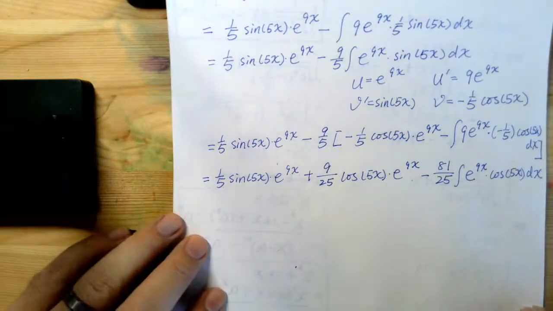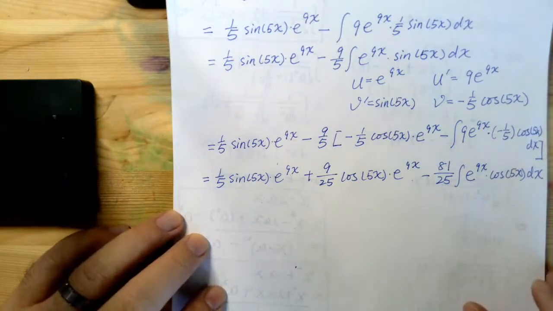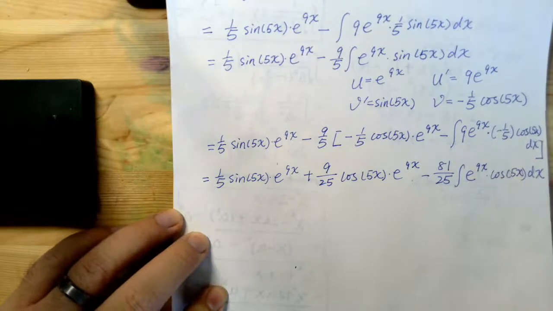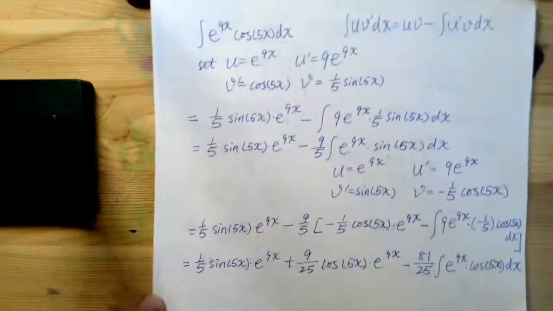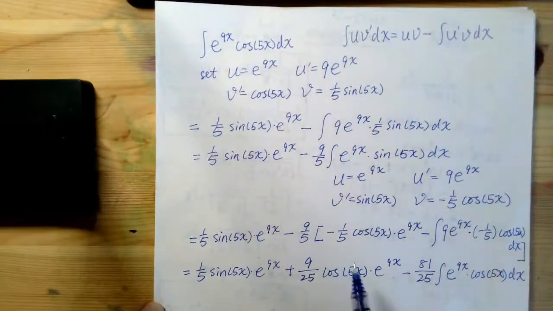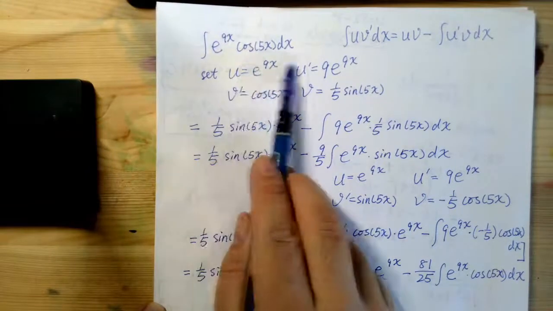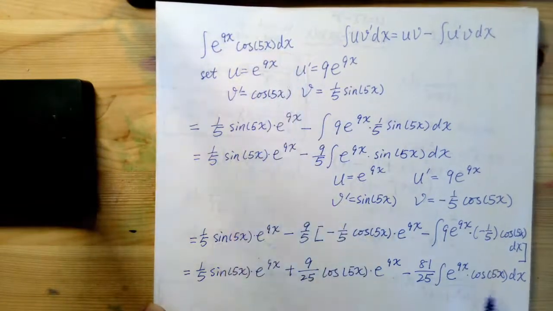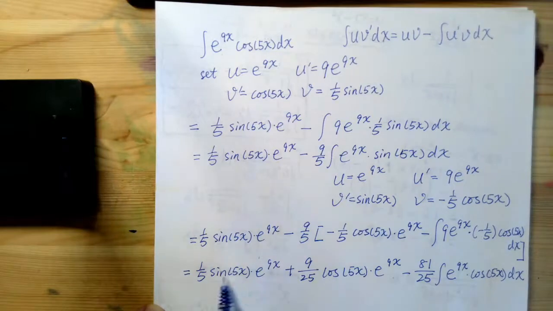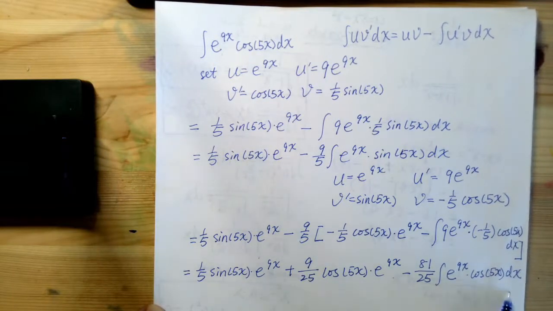And look at what we have here. If I move up, do you recognize that our original integral appears again here? So our integral equals this guy plus this guy minus 81/25 times the integral.